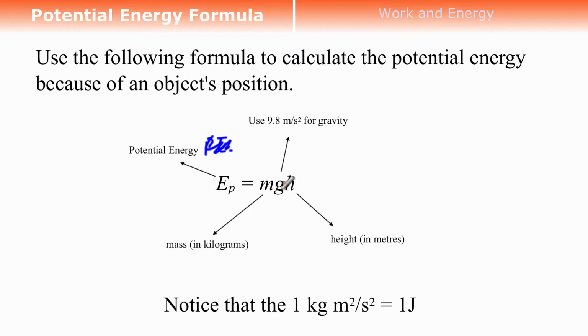Sort of what we were thinking at before. Let's try some questions. Just before we go on, notice that the units for potential energy are joules. Just like we saw earlier in the last video, where the unit for work was also found to be joules.